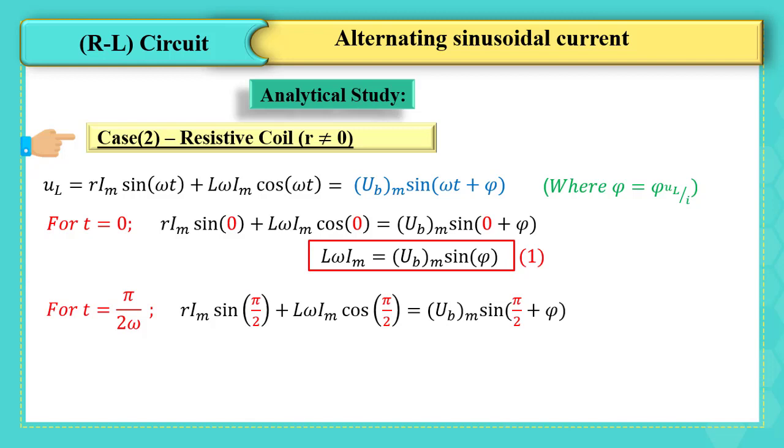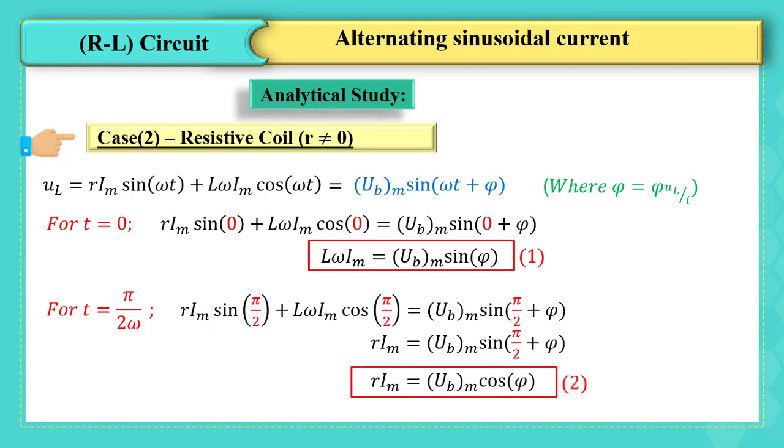For t equal pi over 2 omega, r Im sine pi over 2 plus L omega Im cosine pi over 2 equal to Um sine pi over 2 plus phi, and the equation becomes equal to r Im, since sine pi over 2 equals 1 and cosine pi over 2 is equal to 0. So r Im represents the first side of the equation, and on the second side Um sine pi over 2 plus phi.